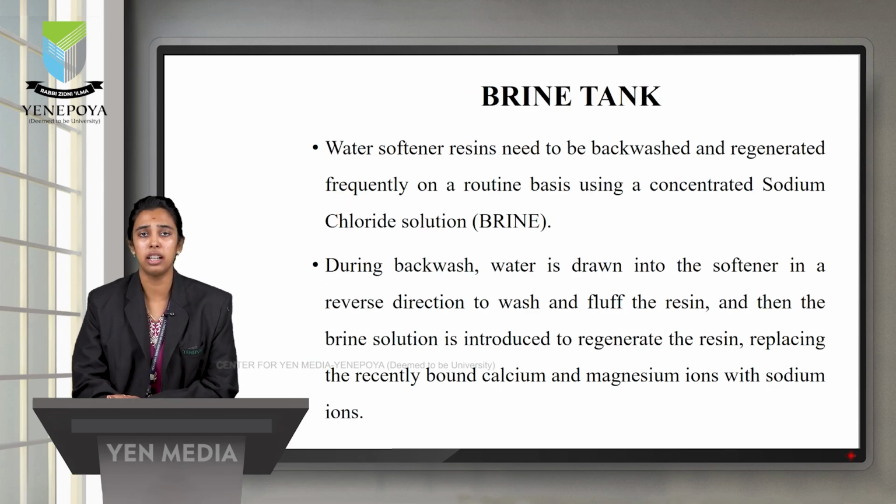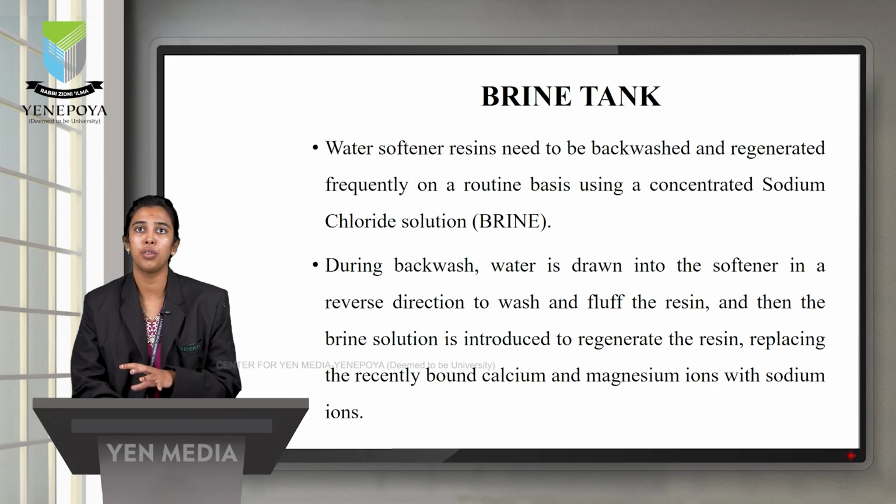Next we have the brine tank. Attached to the softener, we have the brine tank. The brine tank consists of sodium chloride pellets. The water softener resins need to be backwashed and regenerated frequently.